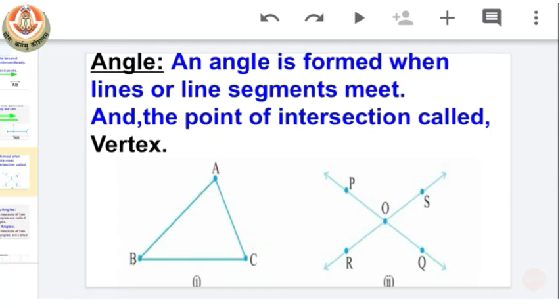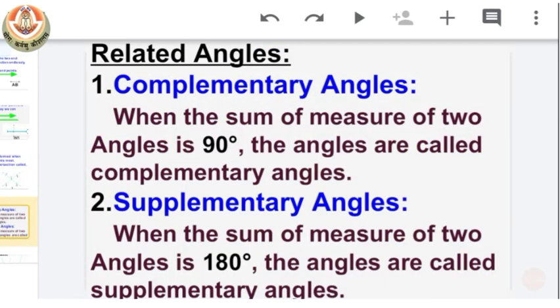Now let's move on to another topic. We have two important related angles in this chapter. The first is complementary angles and the second is supplementary angles. Let's focus on complementary angles first.